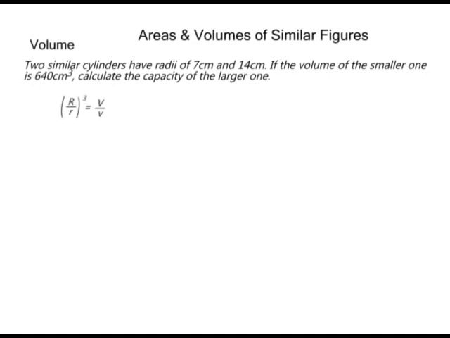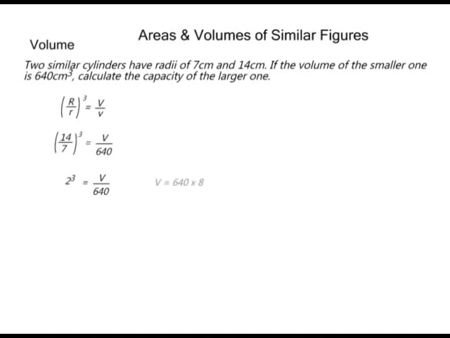Radius of the large over radius of the small, cubed, is equal to volume of the large over volume of the small. 14 over 7 cubed is equal to the large volume over 640. 14 divided by 7 is 2, and so 2 cubed is equal to V over 640.